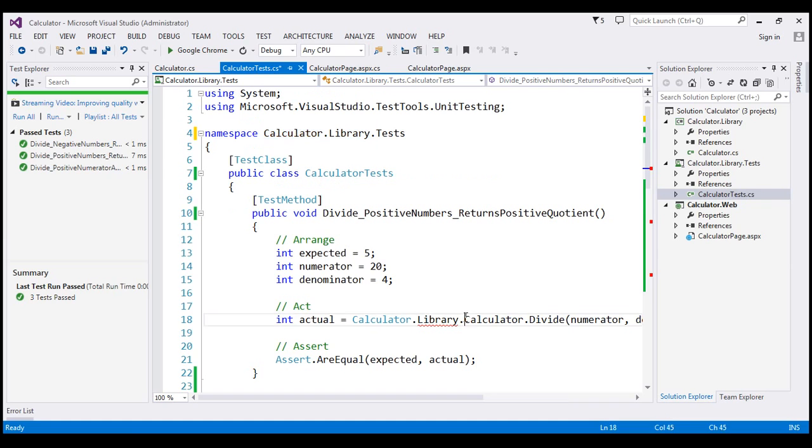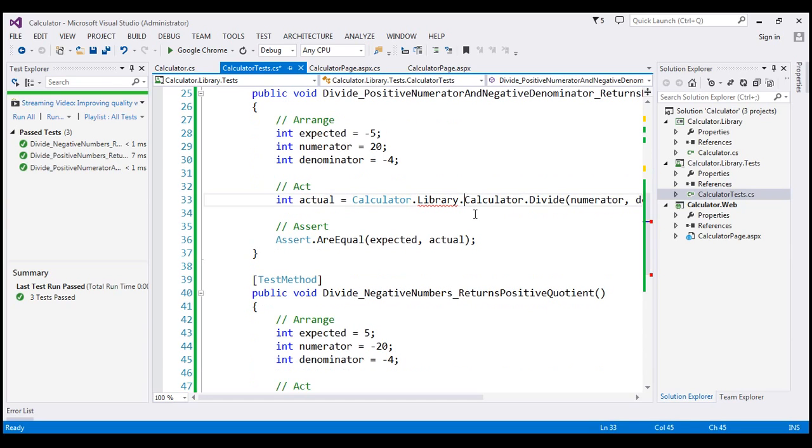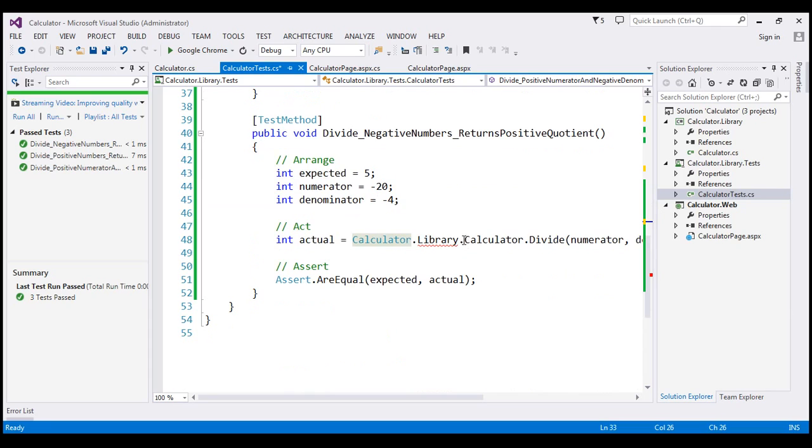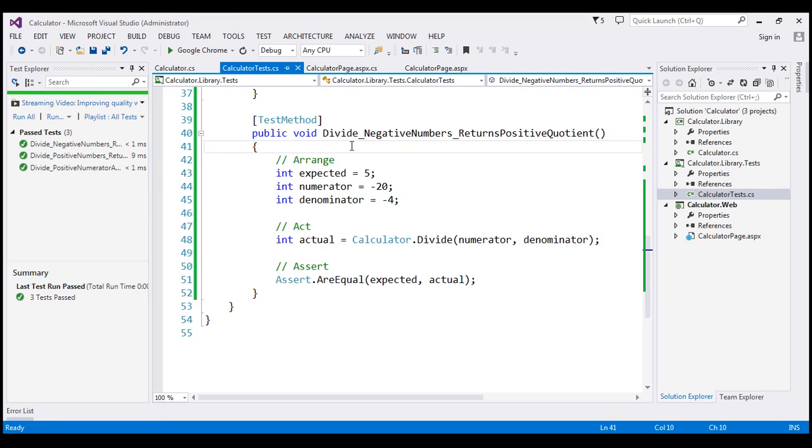So I can simply remove this calculator.library from all the three unit test names, and that should get rid of those compilation errors. Let's build our solution to make sure the solution still compiles, and let's run the unit tests, and all of them succeed.